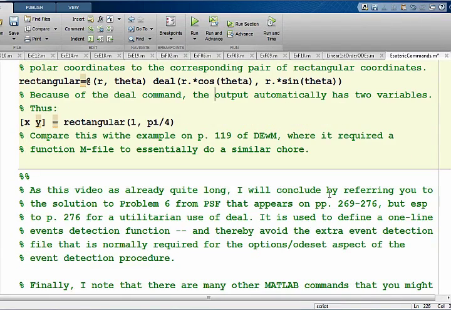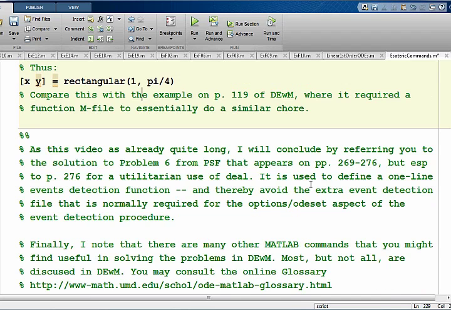Okay, so I say here, you can compare this with the example on page 119 of Differential Equations, where it required a function M file to essentially do a similar chore. So I urge you to take a look at page 119, and you can see how we've avoided the use of a function M file by using deal. As it says here, the video is somewhat long, so I'm going to conclude by referring you to the solution to problem 6 from problem set F that actually appears in the book.